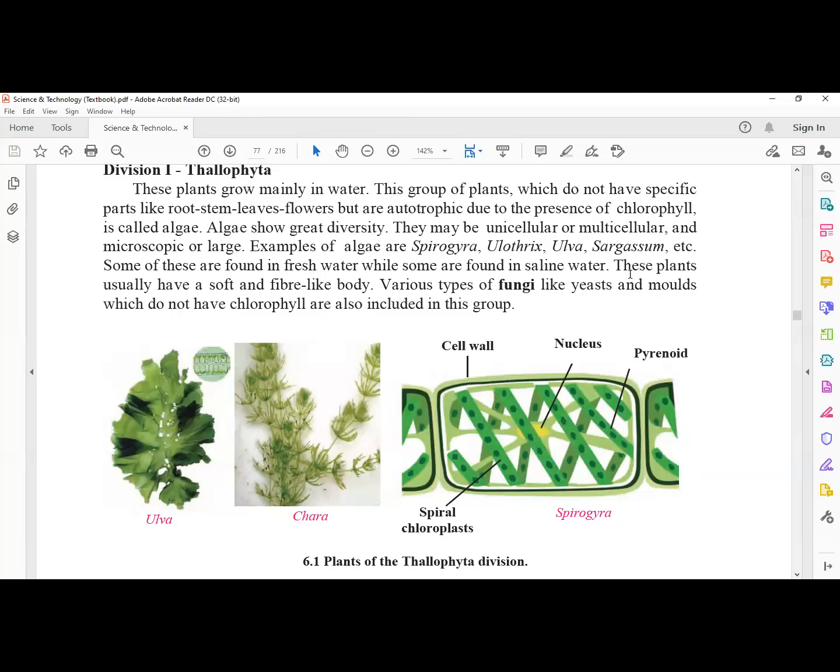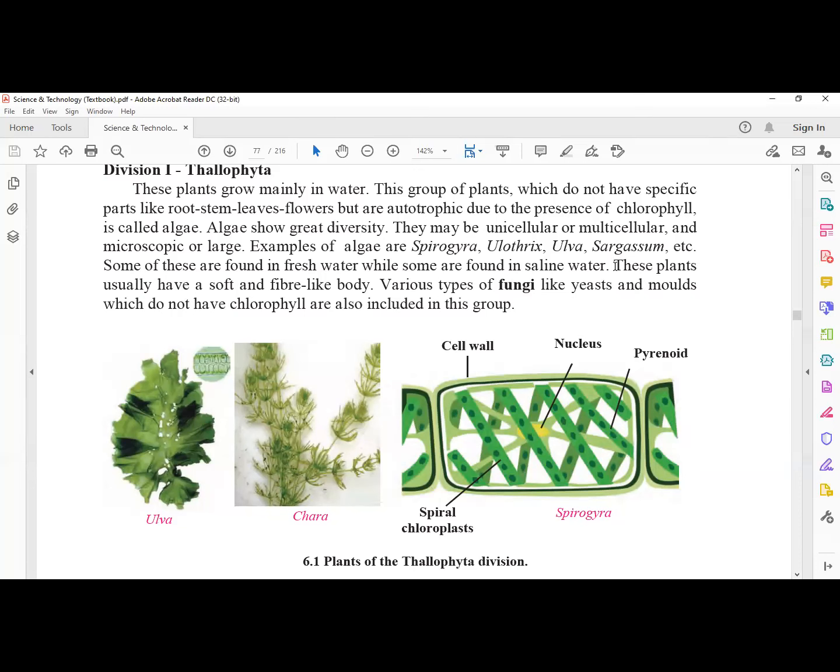Saline water means salty water, yes, sea water and oceans. So these plants usually have a soft and fiber-like body.